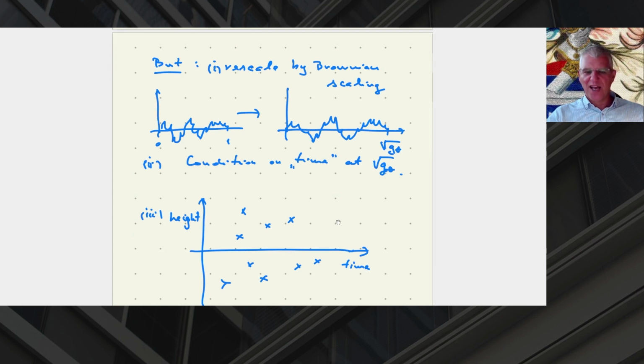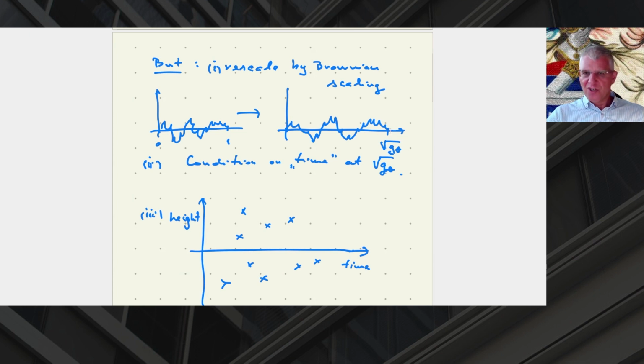So if you do that and look at the excursions of the rescaled bridge, we call this random rescaling, because you take a random variable and stretch the Brownian bridge to a random length. It's not a fixed length like usual Brownian scaling, but it's random rescaling.